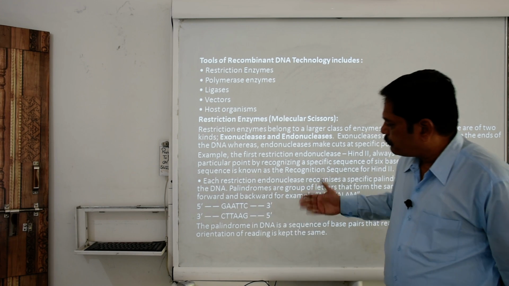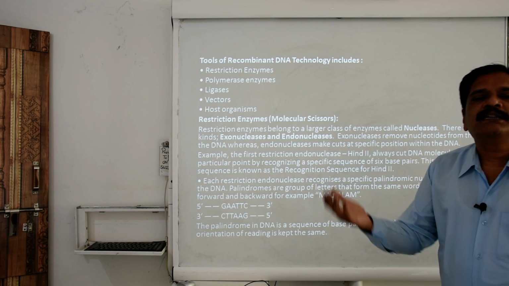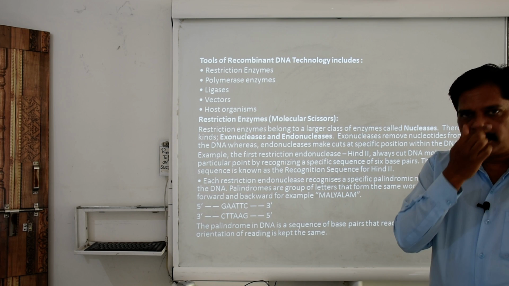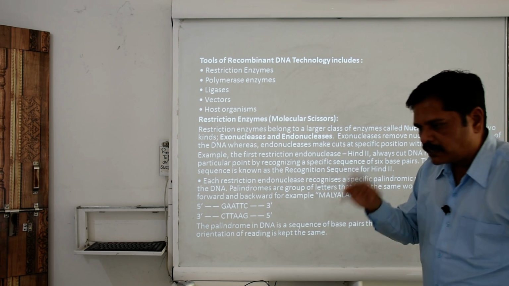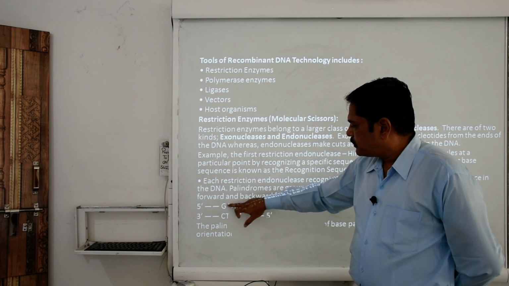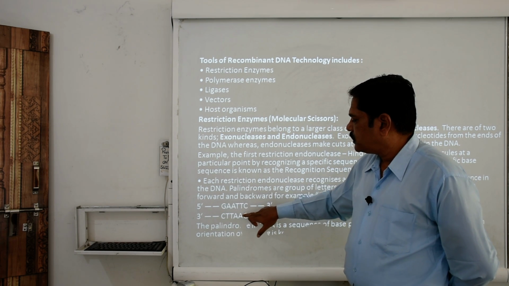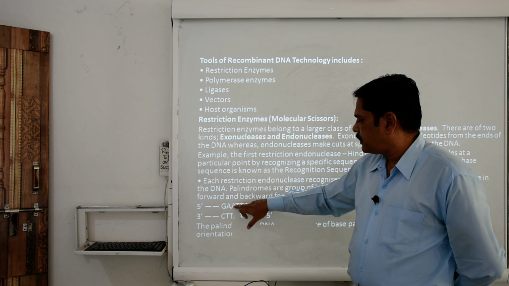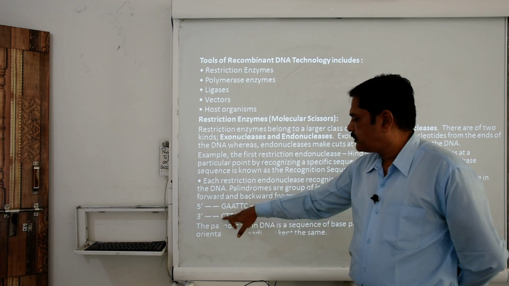And when you come to the complementary strand and read it from 5 prime to 3 prime, again you will get the same arrangement, GAATTC. Here it is also GAATTC, here also GAATTC.